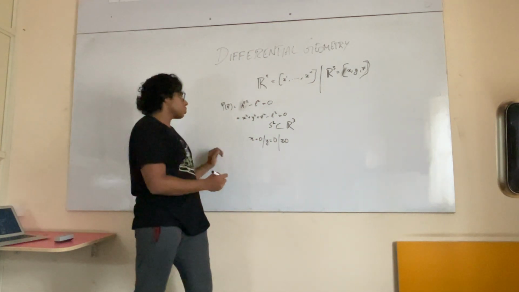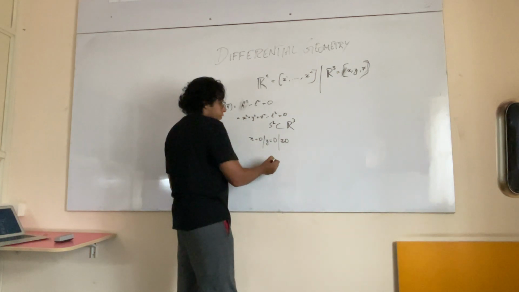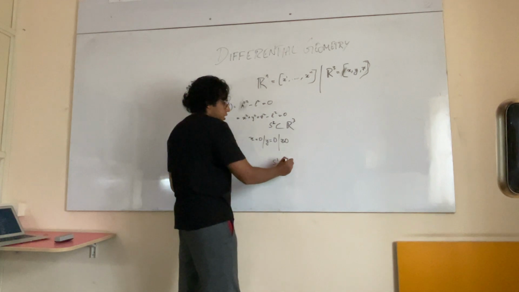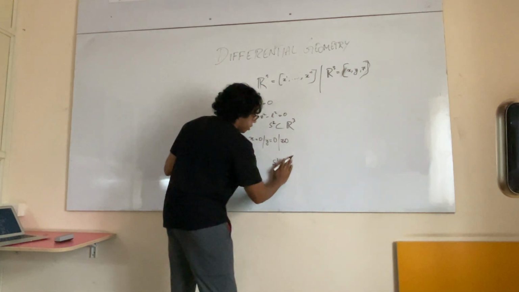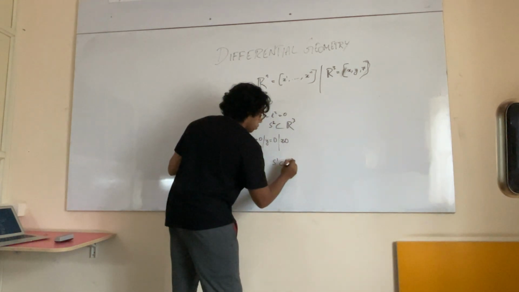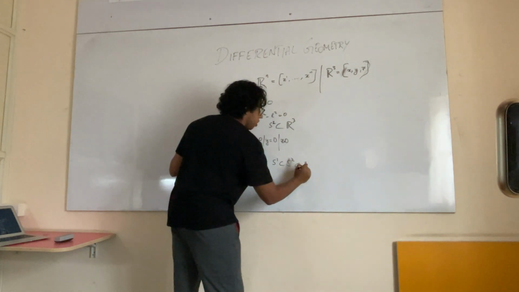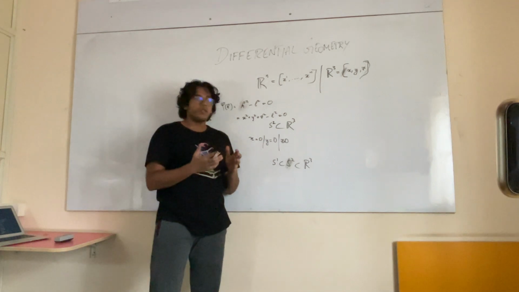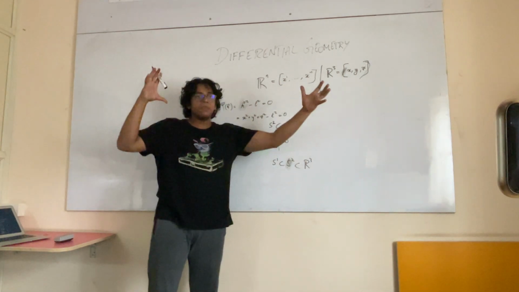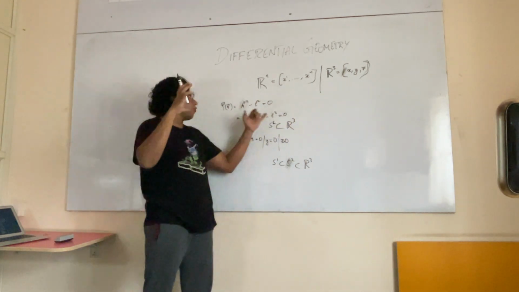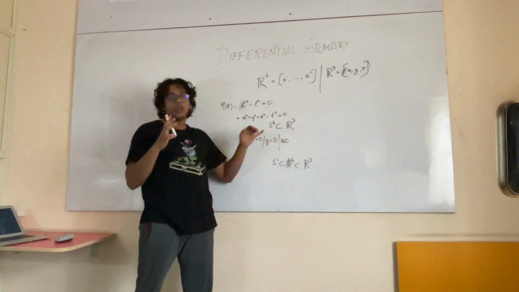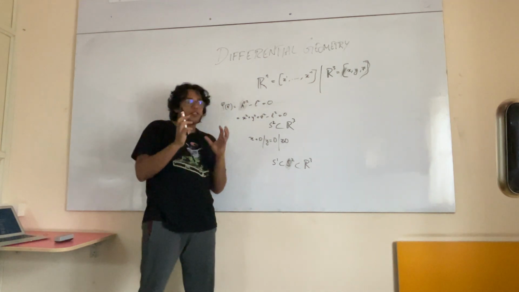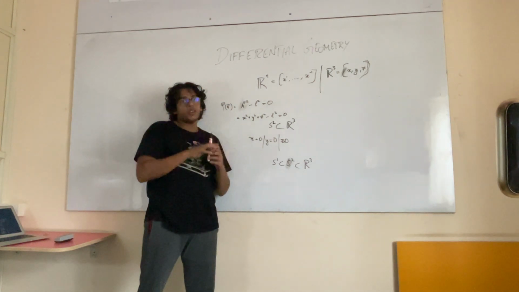So this is the second constraint, and then you have S1, which is a subset of S2, which is a subset of R3. So now from any point in the space, you have reduced the whole system to a point on a sphere, and then you have further reduced it to a point on a circle.